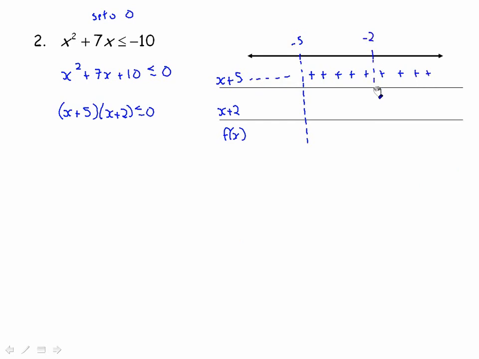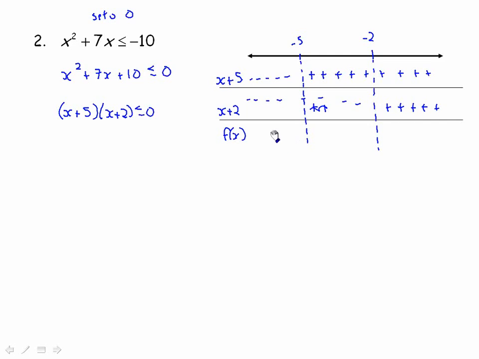So I just draw the little dotted line down there. And its sign will be positive to the right of -2 and negative to the left. So that just means pick any number like 0 that's bigger than -2, plug it into the factor, and see if the sign's positive or negative. It won't change anywhere else because it only changes at zeros.